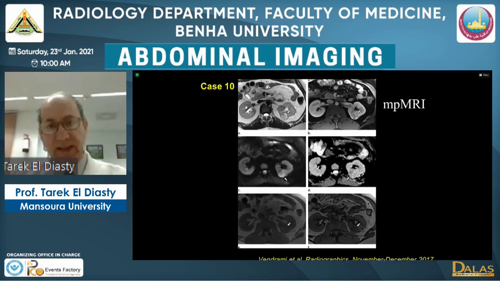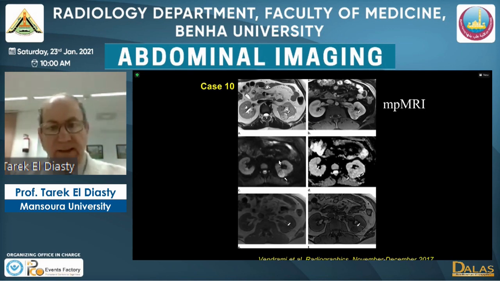Now some images about multiparametric MRI of renal masses. This T2 axial image shows a well-defined mass, with a well-defined interface between the lesion and the parenchyma. It is relatively hyperintense to the renal parenchyma on T2. This is characteristic and shows avid enhancement.